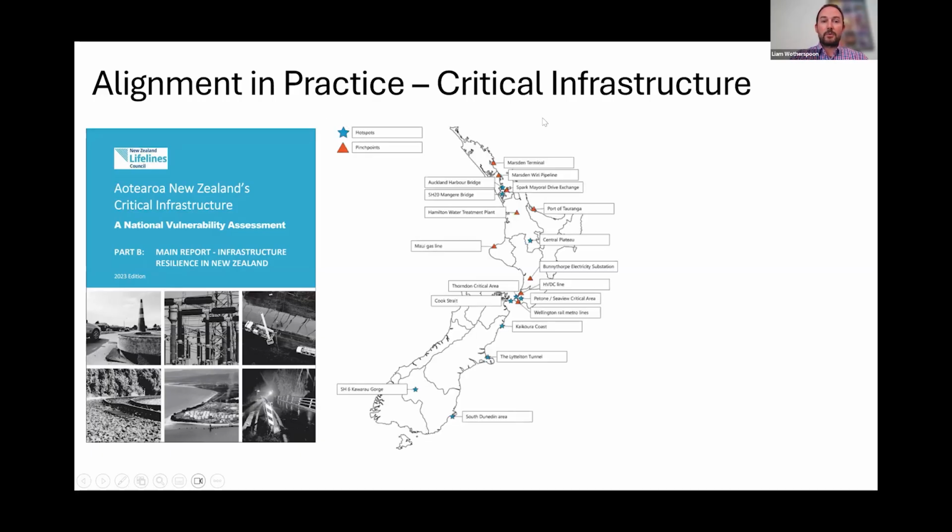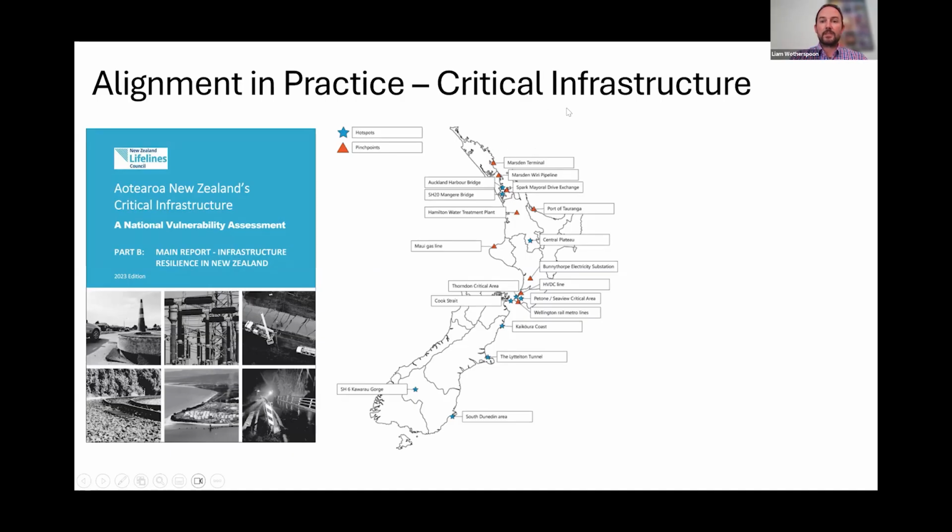What that leads to is fairly publicly available representations of some of our key issues: pinch points, key locations that if affected could have a flow-on effect on individual sectors and multiple sectors, and hotspots where we have the aggregation of different critical infrastructure in a particular location, such that if there were impacts there, they would affect multiple networks.